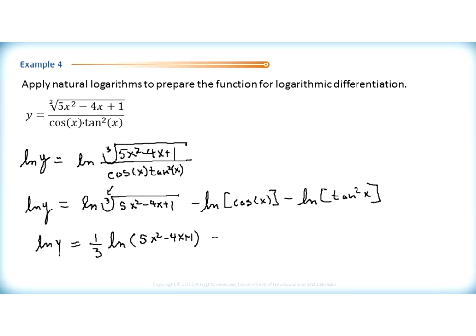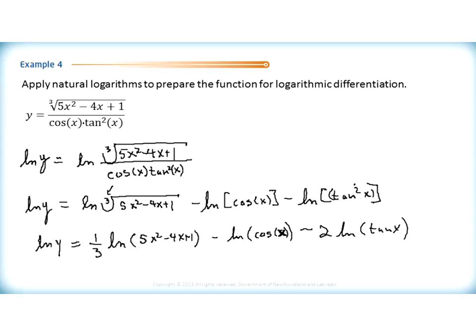And there's not much I can do with the ln of cosine x. I'm going to have to lump that one and deal with it later. It's still going to be a composite function there, but not very difficult to deal with those kinds of things when the log is outside. And then I'm going to subtract, and remember this too applies to the entire tangent, so I'm going to float that out in front, so I've got 2 ln of the tan of x. And so that one is ripe for differentiation now.